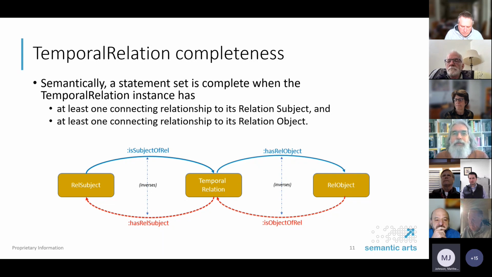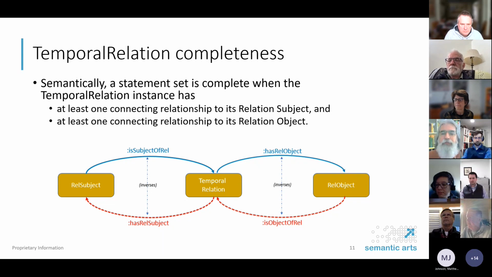I cannot count the number of times, when working on requirements with a new group or client, I will ask, do you need to know the temporal history of this relationship? They'll say, oh, we want that, and it's like, okay, are you sure? What will you do with that information? About half the time in that case, they go, well, we really don't. Then maybe we ignore the temporality in this case.